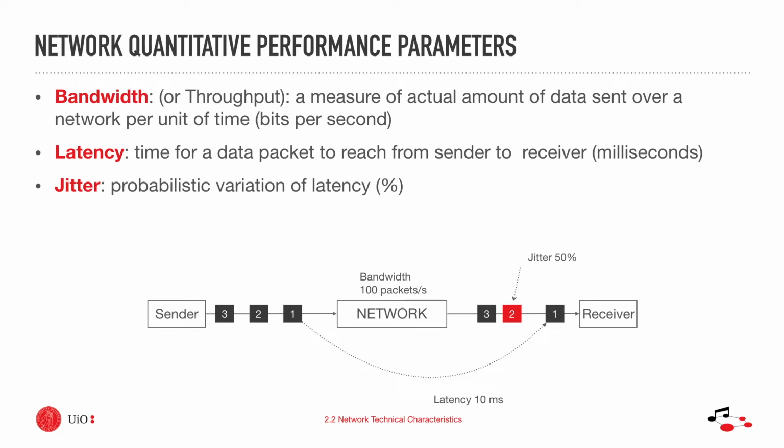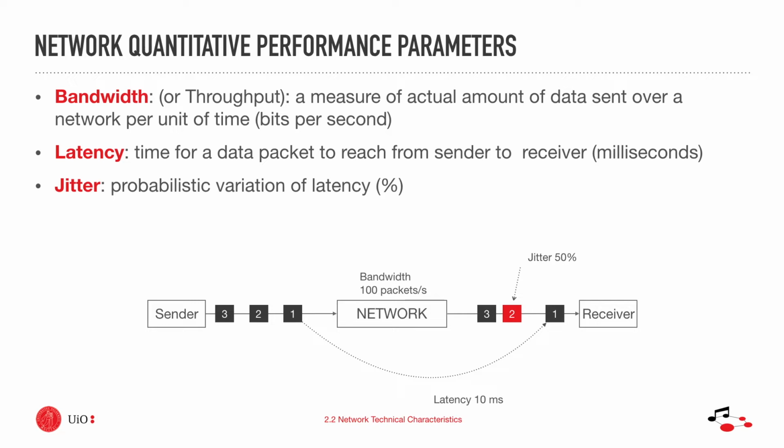Now, usually through the network we send packets of data, and there's a variety of data packets that we can send, and this is out of the scope of this video. But in general, the latency measures the time for a data packet to reach the receiver from the sender, and we usually measure it in milliseconds. Finally, the jitter is a probabilistic variation of the latency.